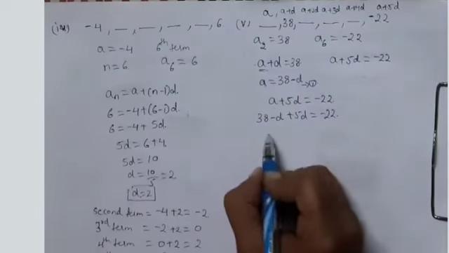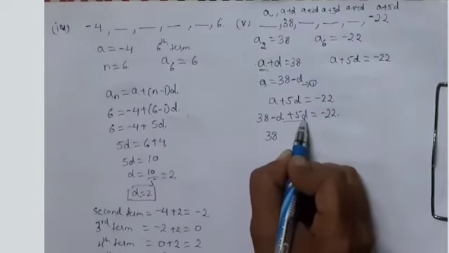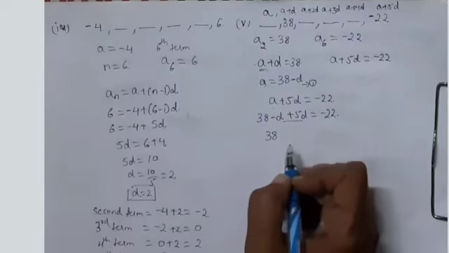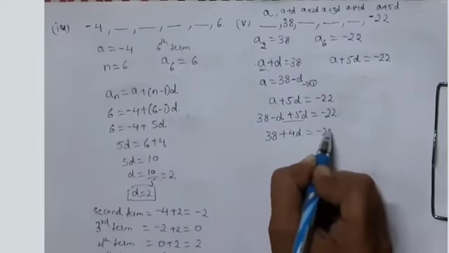Now simplify: minus D plus 5D is plus 4D, so 4D plus 38 is equal to minus 22.